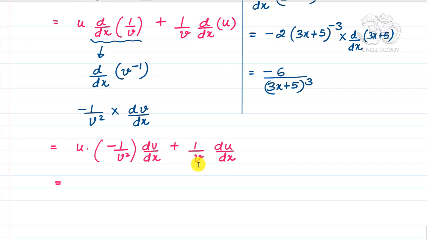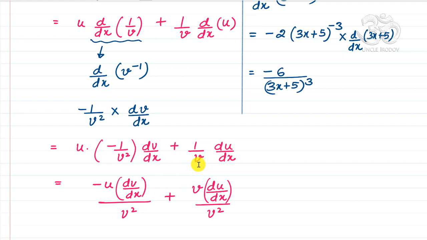So correct. So you can say minus u dv by dx divided by v square. So I'm keeping the v square in the denominator, plus v du by dx divided by v square.